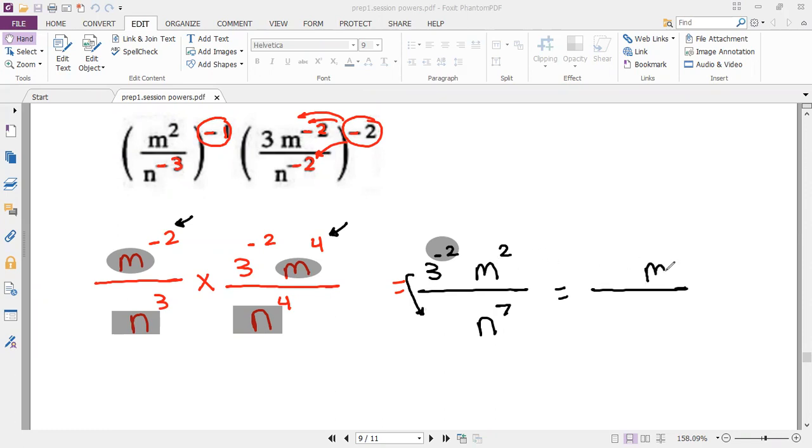So m to the power of 2, n to the power of 7, and move 3 to the power of negative 2 down, it will be 3 to the power of 2 here. So we ended up with m to the power of 2 over 3 to the power of 2, which is 9, and n to the power of 7. So we ended up with m to the power of 2 over 9 n to the power of 7.